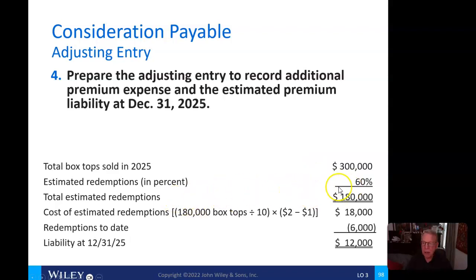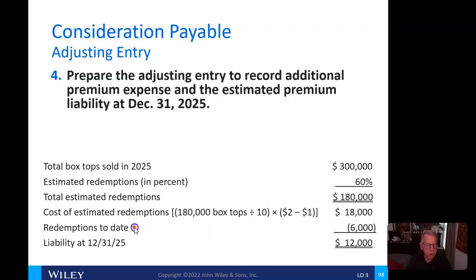The estimated redemptions were 60% of that, so 180,000. The cost of the estimated redemptions: 180,000 box tops divided by 10 gives me 18,000. And then the cost of that is going to be $18,000.